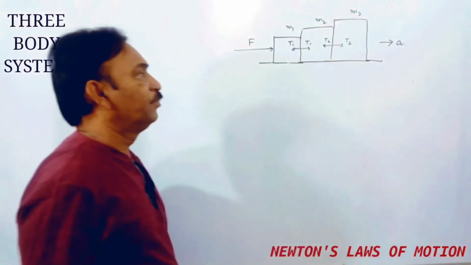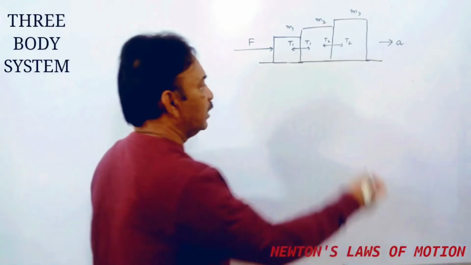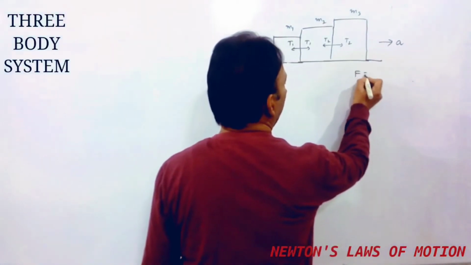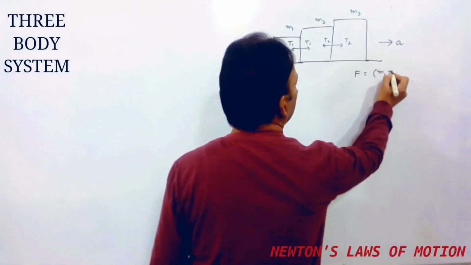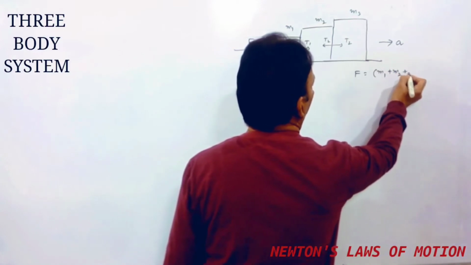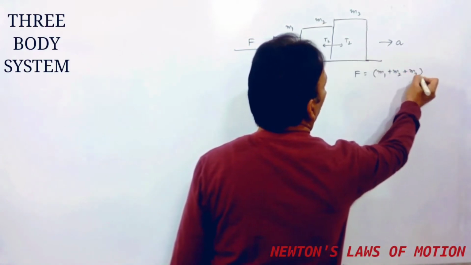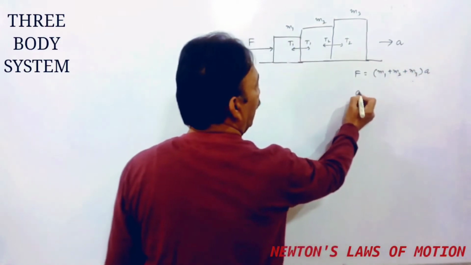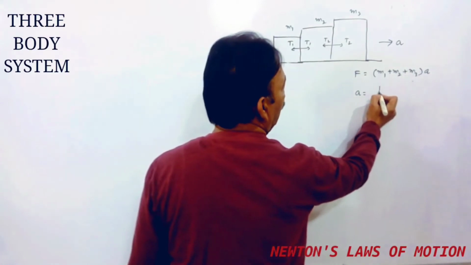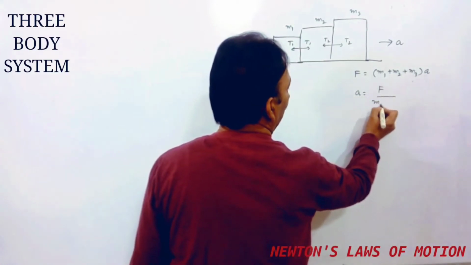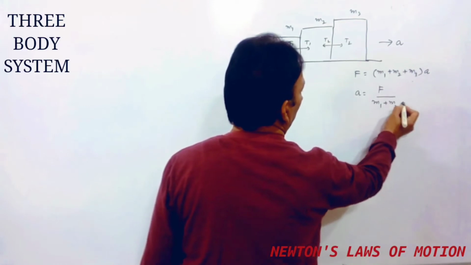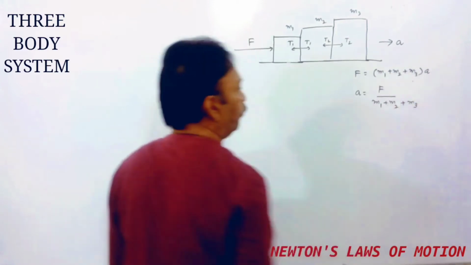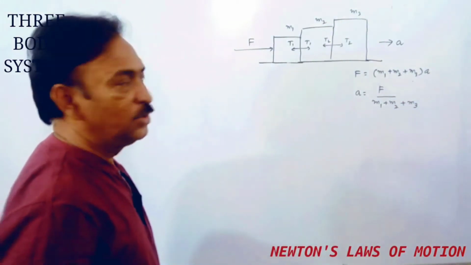Okay students, let's find the common acceleration. As you know that F is equal to the sum of the masses multiplied with acceleration, and we get A is equal to F by m1 plus m2 plus m3, and we have to go with the tension.